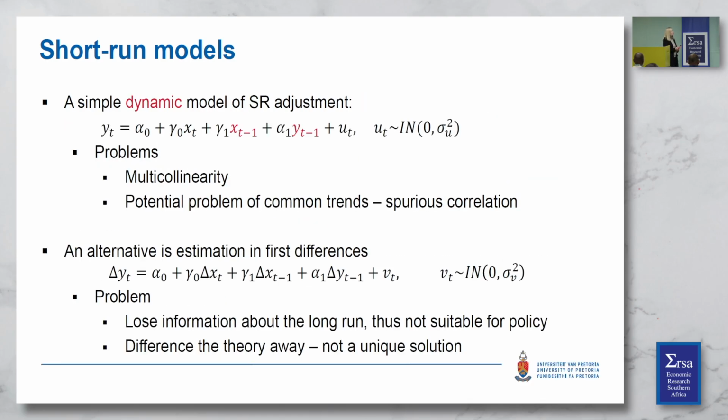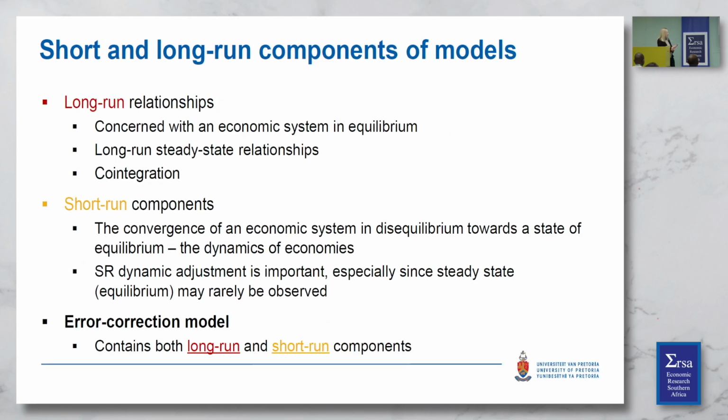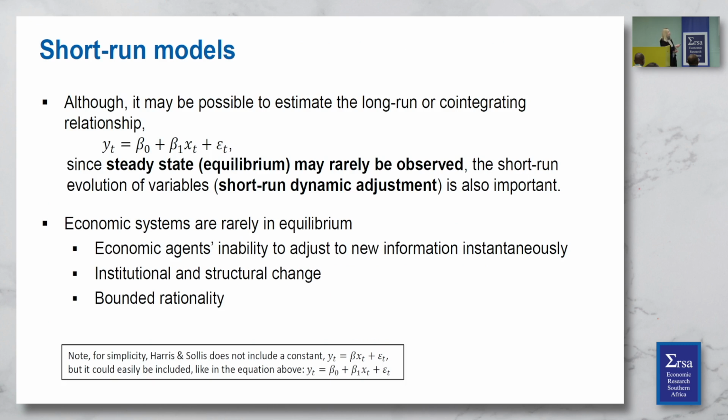But now to start with the short run models. As much as we believe that in the economy, if I can just go back, that this situation presents itself, long run, steady state relationship.